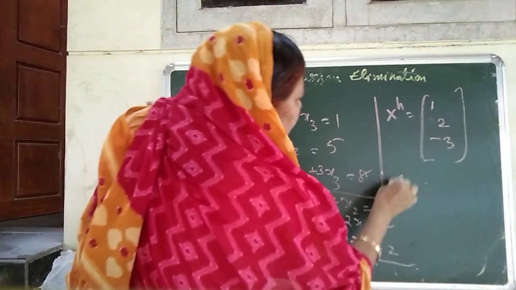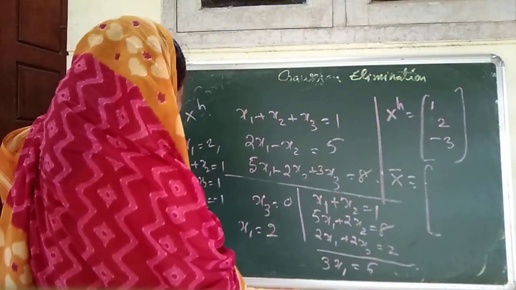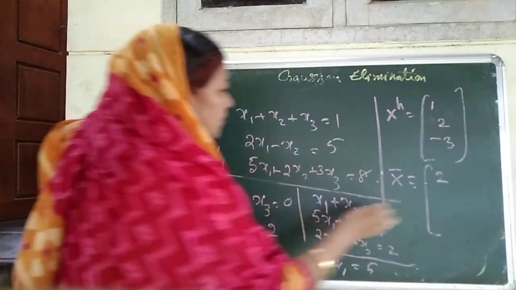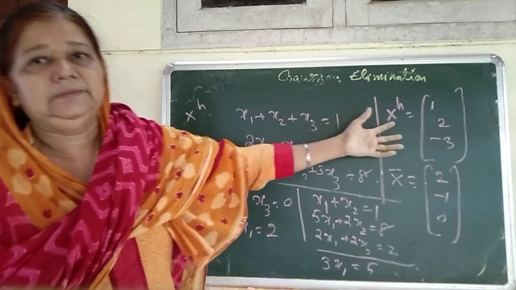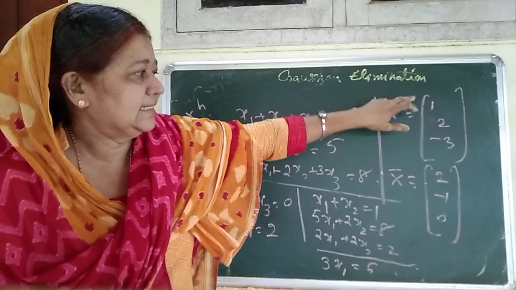So this particular solution is x1 equal to 2, x2 equal to minus 1, x3 equal to 0. Therefore, the whole solution is x bar plus xh.